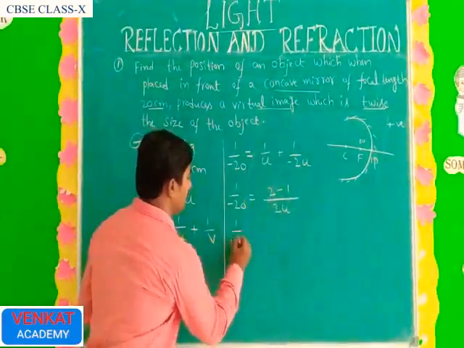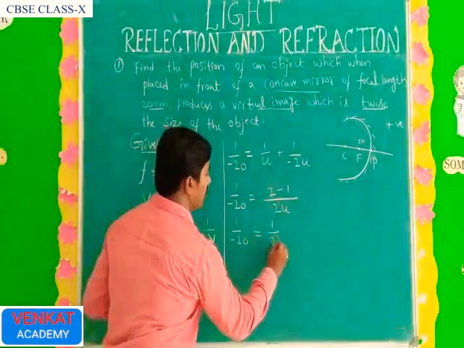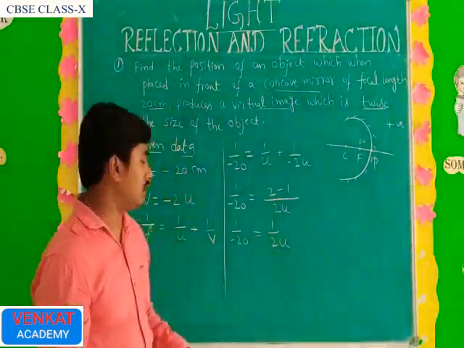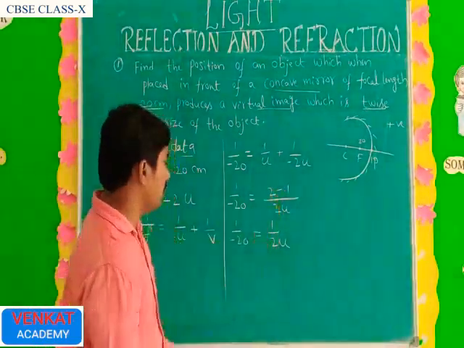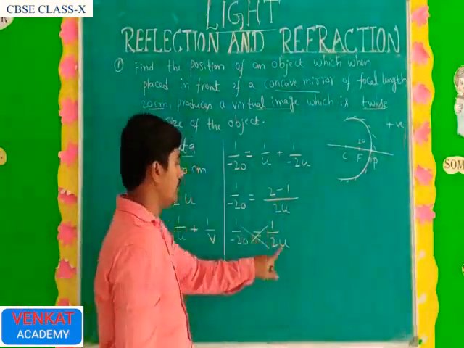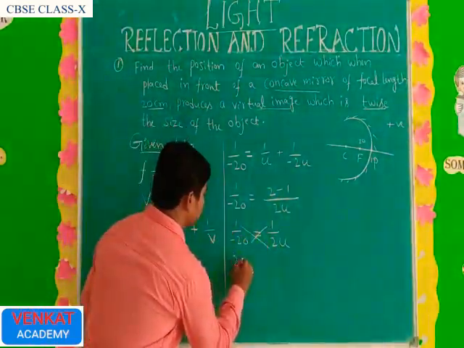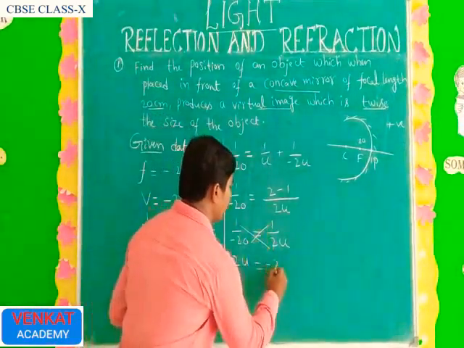So 1 by minus 20 is equal to 2 minus 1, which is 1, by 2u. Understand? Now take cross multiplication: 2u into 1, 2u is equal to minus 20 into 1, minus 20.